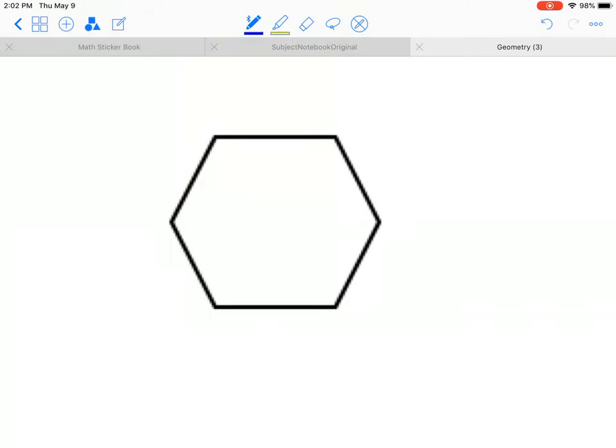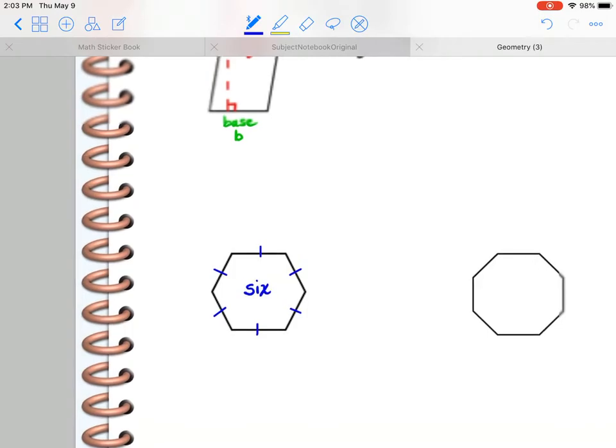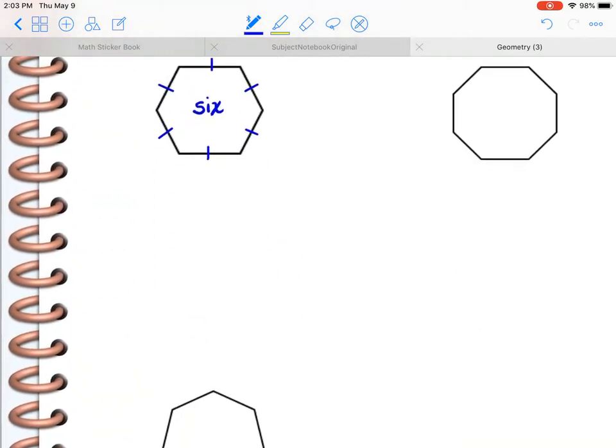So here is 1, 2, 3, 4, 5, 6 sides. So this is a 6-sided figure. This one is called a hexagon.